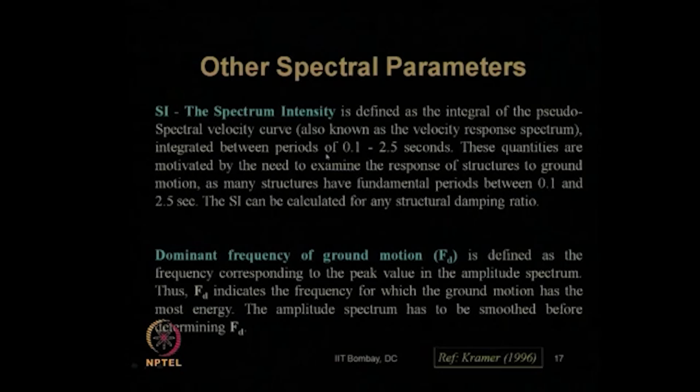If you have that plot of pseudo velocity spectrum versus Tn, and integrate that curve between 0.1 and 2.5 seconds, these quantities are motivated by the need to examine the response of structures to ground motion, as many structures have fundamental periods between 0.1 and 2.5 seconds. That is the reason the spectrum intensity is calculated for any structural damping ratio, to determine their response or their damages. Is it clear?